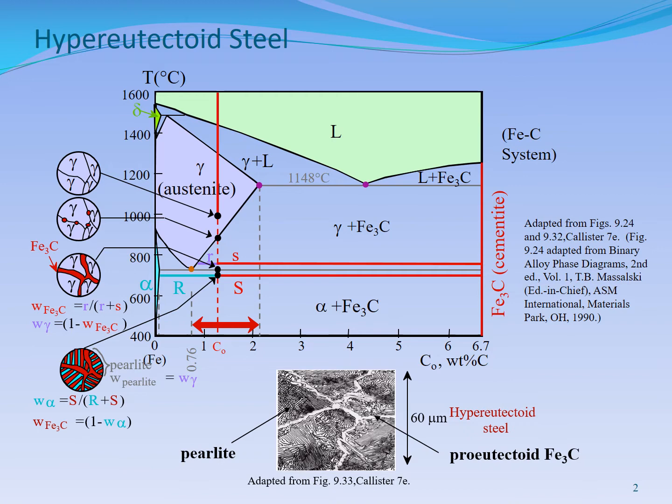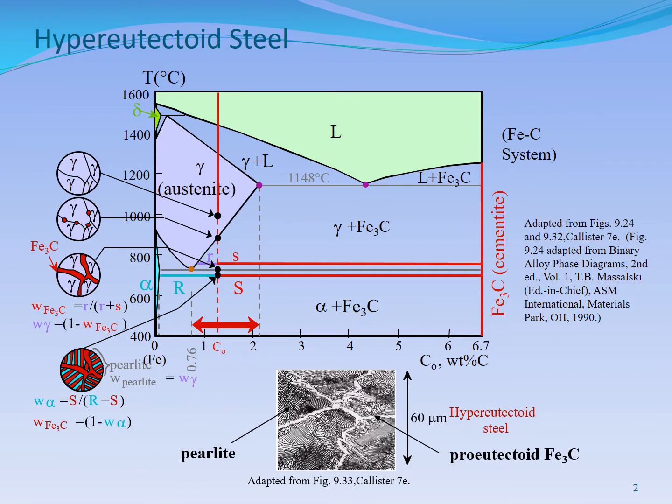Perlite is alpha plus cementite, right? So more cementite is formed. This earlier cementite, in the red lines, is pro-eutectoid cementite, and inside the later ones, more cementite is there, which is the eutectoid cementite and alpha and so on, right?